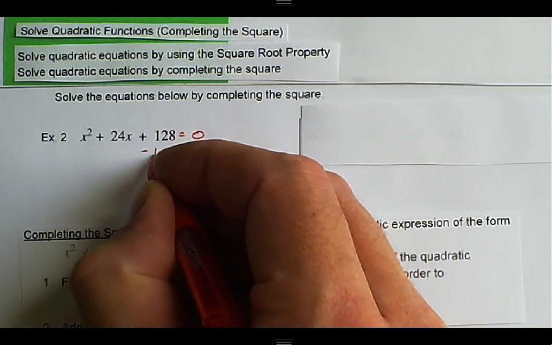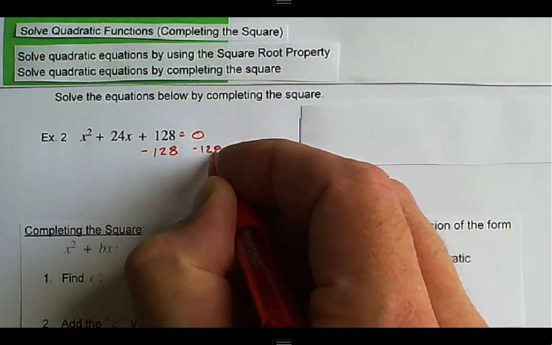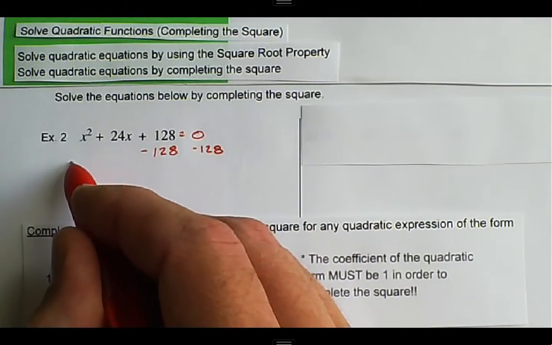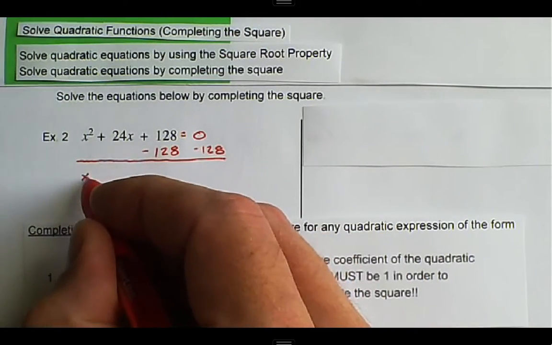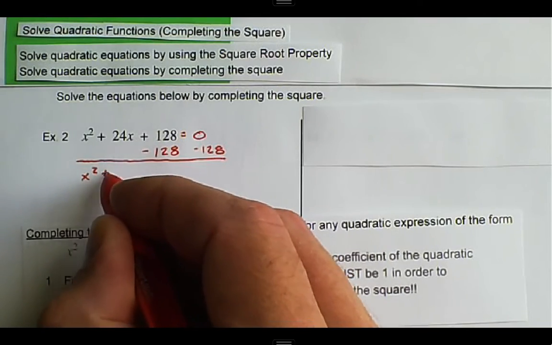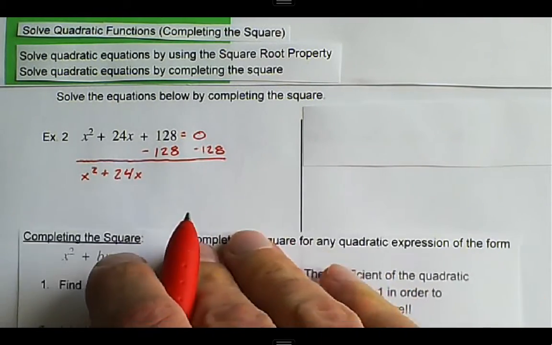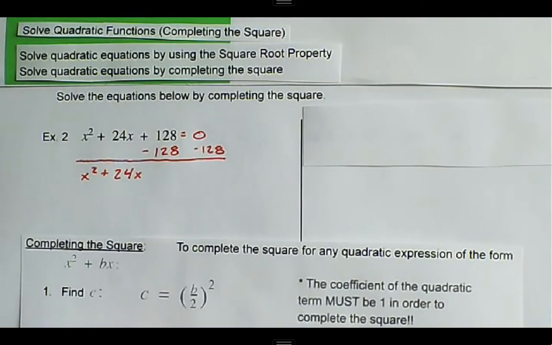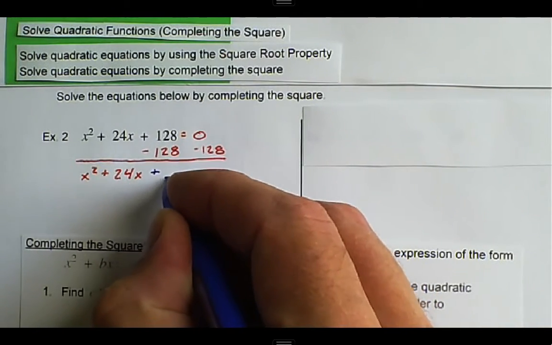So we can set this equal to 0, because that's when we want to find our solution. We subtract 128 from both sides of the equation, and then we get x squared plus 24x. Now we're going to have to add some value that's going to help make it a perfect square.